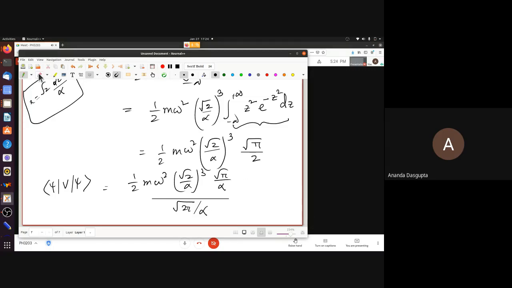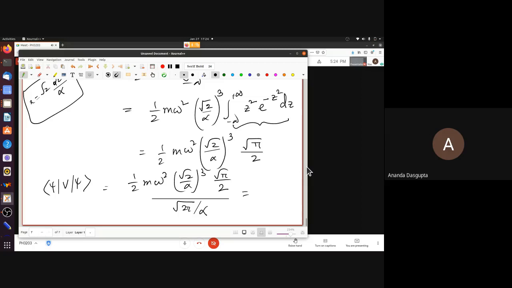Root pi by 2. Yes. Okay. I hope the value you have given me is correct. But now that you have this, you can easily calculate the result.